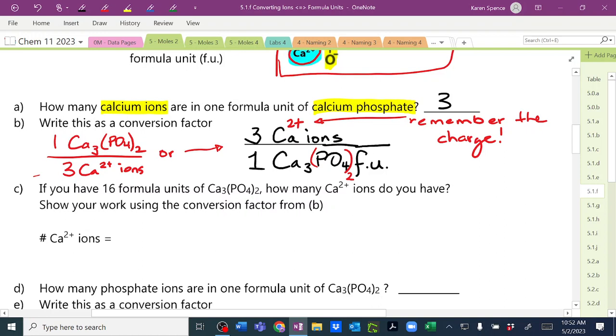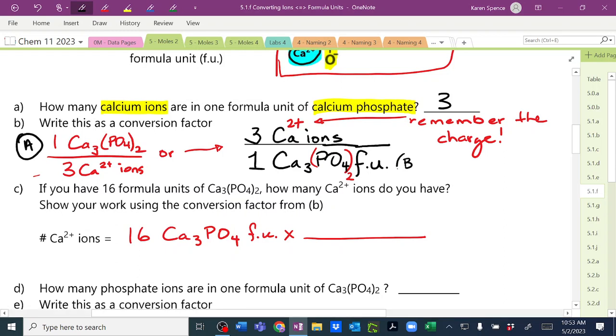So if we have 16 formula units of Ca3(PO4)2, so we are starting with 16 Ca3(PO4)2 formula units. Am I going to use version A or version B of the conversion factor?